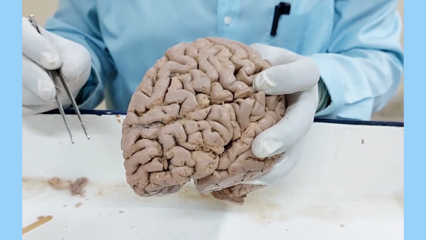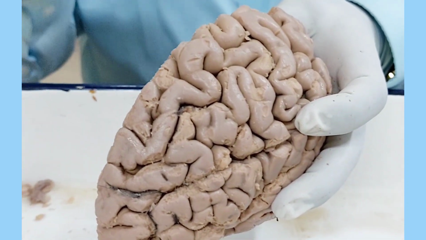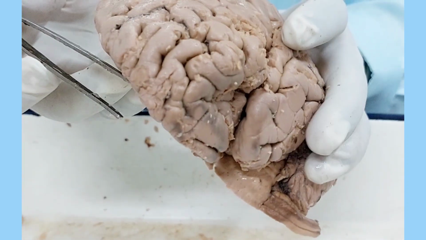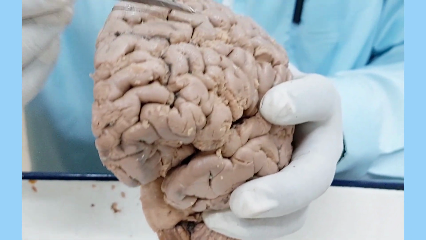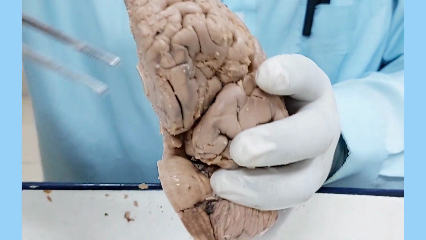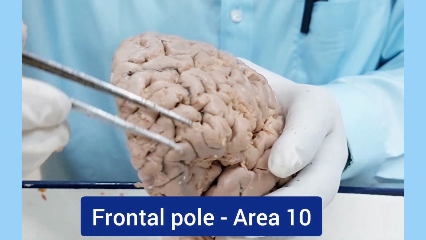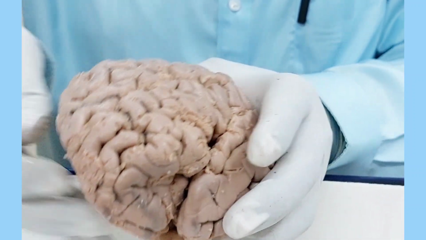This frontal eye field is important for conjugate movement of the eyeball and it controls the different eye movements. The areas in front of it are numbers 10, 11, 12. The area in the frontal pole is area 10.